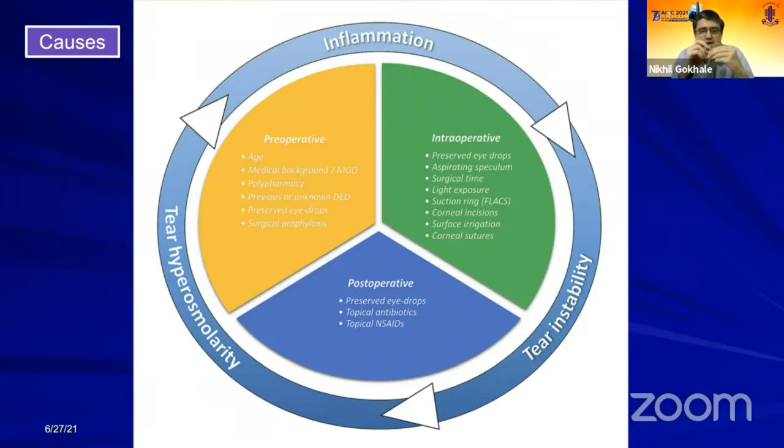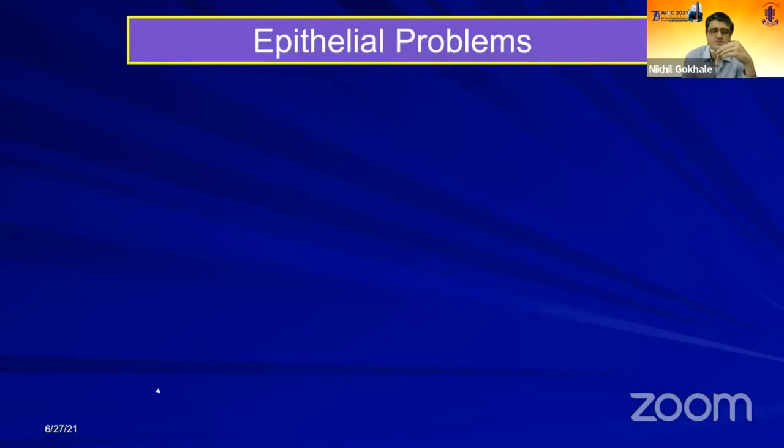We might use large corneal incisions in some patients where the nerves are getting damaged, or we could do a longer surgery where various factors dry out the surface and tend to cause problems. And in the olden days, we also had sutures, which would add to some of these problems. Post-operatively, the use of drops with preservatives, antibiotics, and NSAIDs might further make things worse.